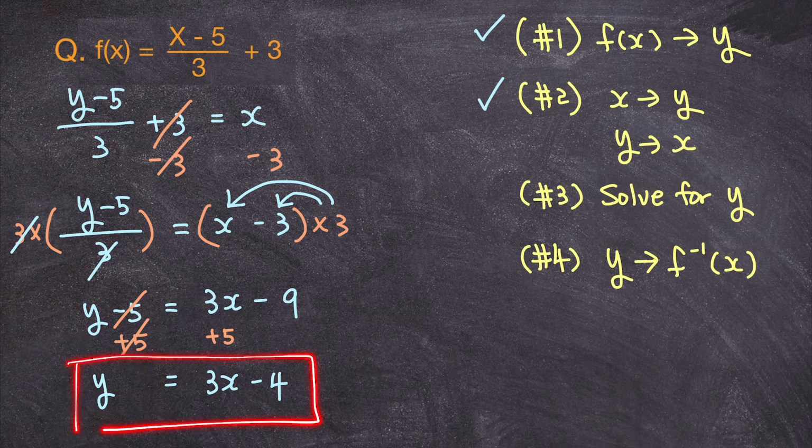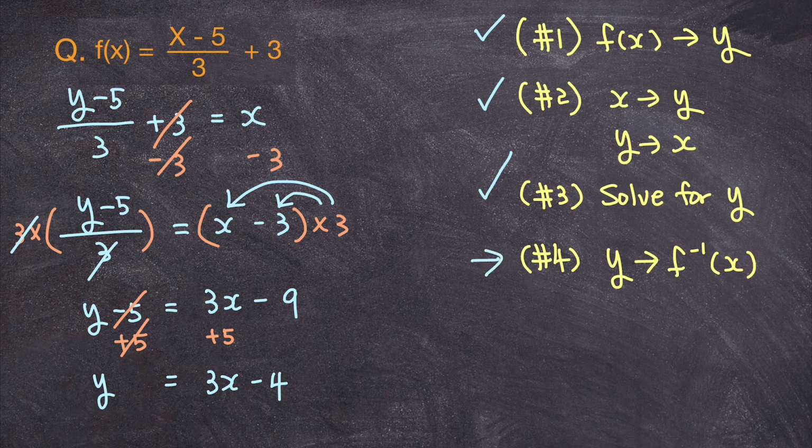Now, a lot of you will get so excited at this point, you're gonna go ahead and box this as your final answer. But remember, we are only 3 steps done, and we have a 4th step to follow. The 4th step is to switch this y to f negative 1 of x.